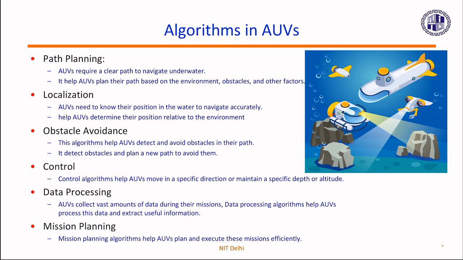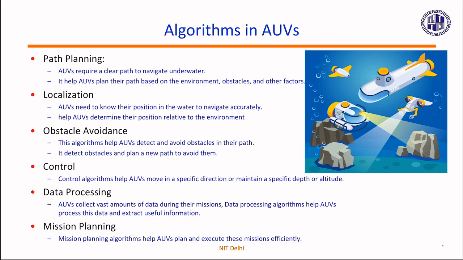Localization algorithms help AUVs determine their position relative to the environment using various sensors such as sonar, GPS, and inertial navigation systems. Third one, obstacle avoidance. Obstacle avoidance algorithms help AUVs detect and avoid obstacles in their path. These algorithms use sensors, sonar, and cameras to detect objects and plan a new path to avoid them.